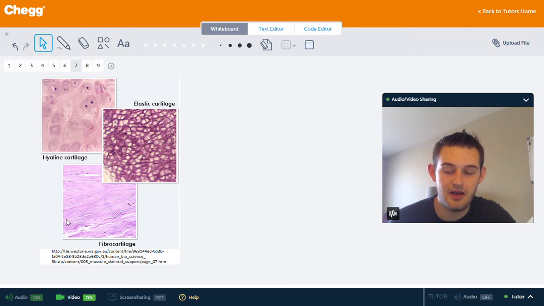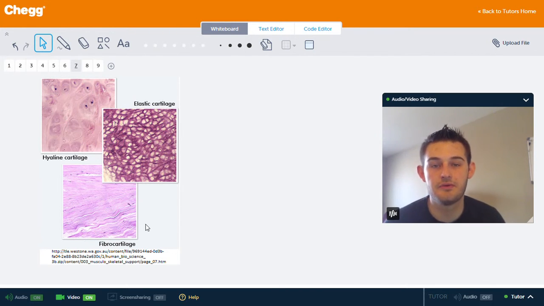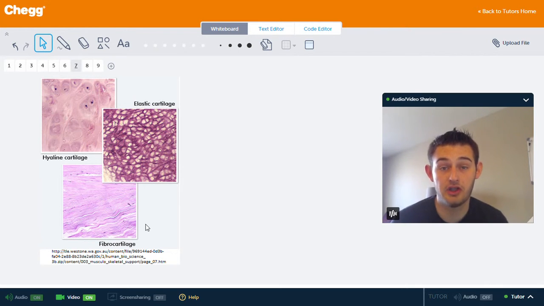Fibrocartilage, the chondroblasts are excreting more fibrous materials in this case. That's why it's called fibrocartilage. And these fibrous materials are a lot less compressible, and so they work very well in places where we need to prevent compression, such as our spinal cord. So the intervertebral discs are actually composed of fibrocartilage.